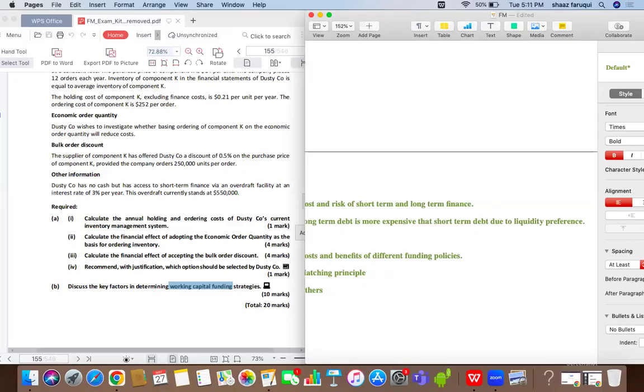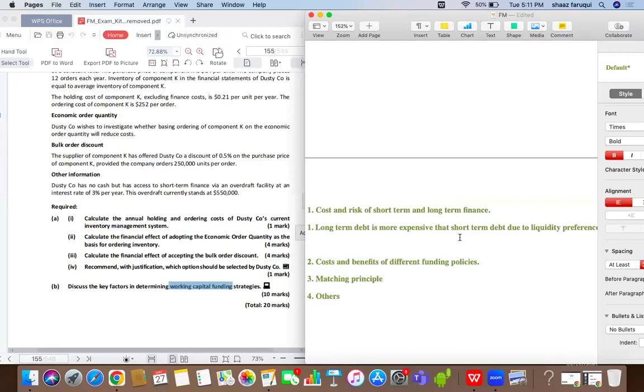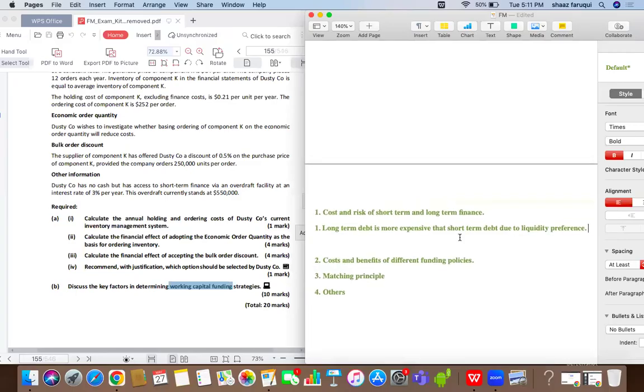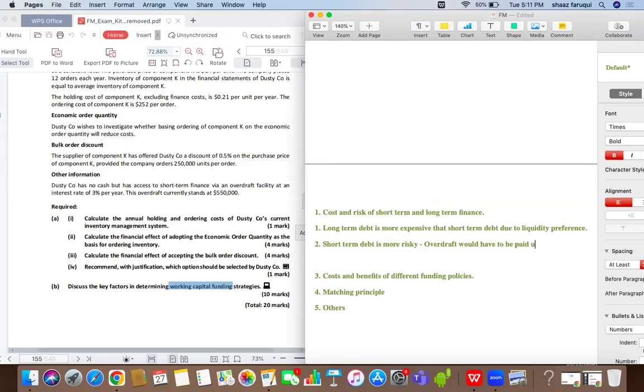However, cost-wise long-term debt is more expensive, but risk-wise short-term debt is more risky. Why? Because an overdraft would have to be paid upon demand.